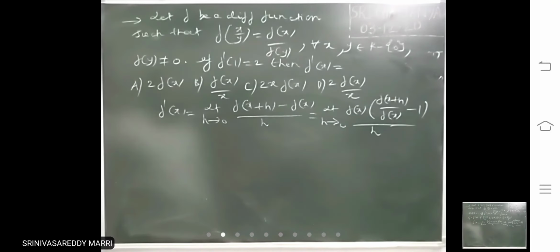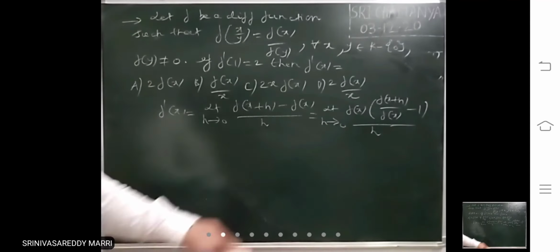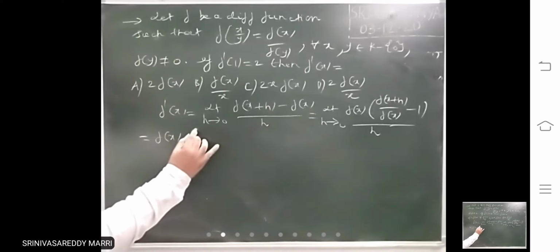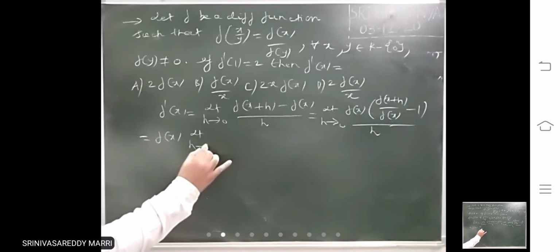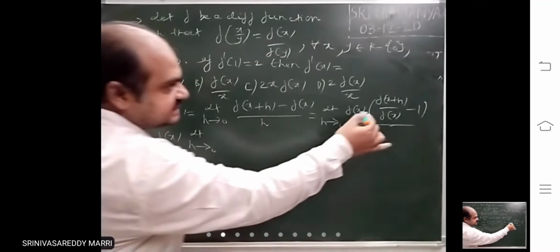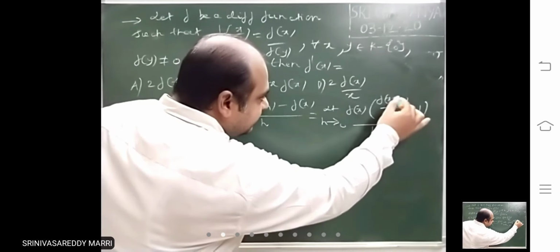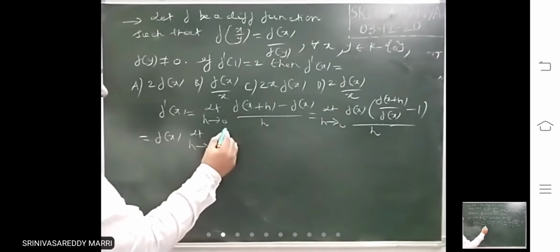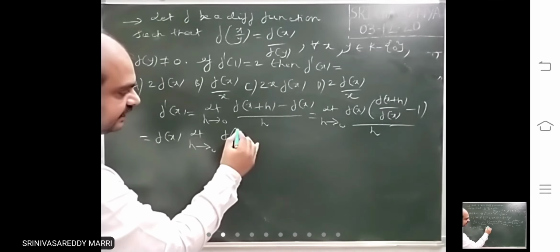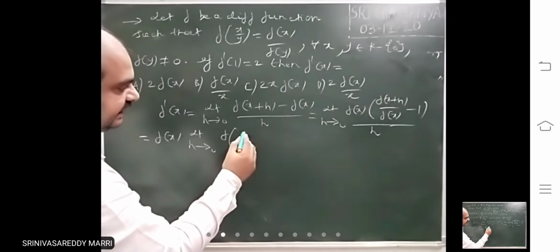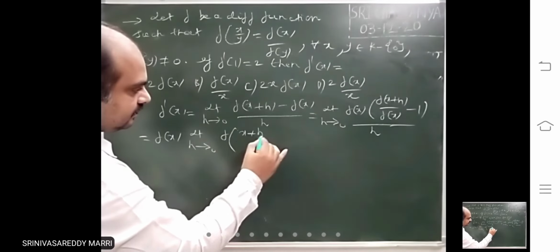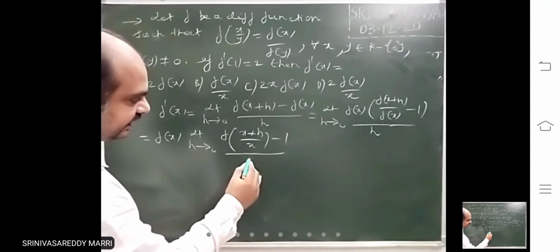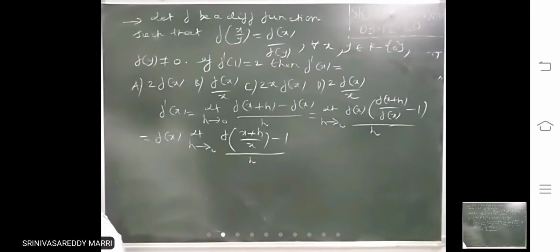Now it contains no h, so f of x is outside the limit. f of x divided by f of y can be written as f of x by y, used from this side, divided by h.